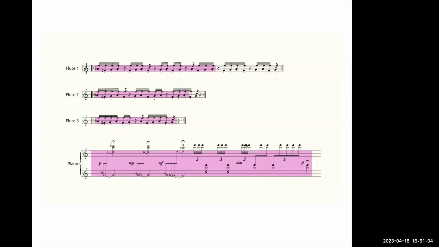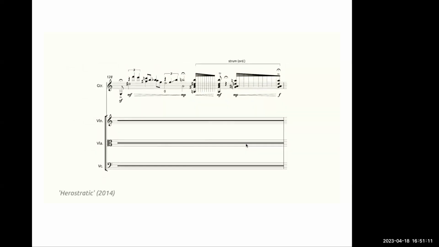And what's interesting here is how all 4 musicians are able to work together despite being rhythmically independent from each other. I've used this technique in my own music too.